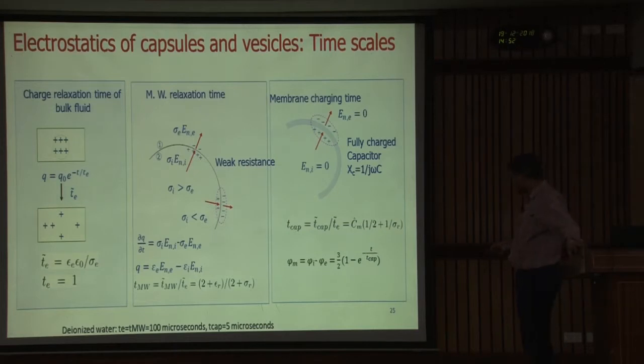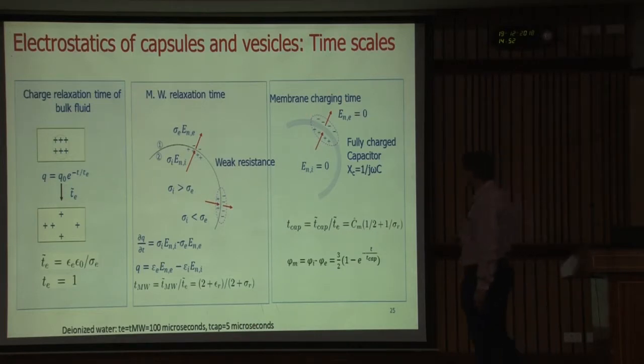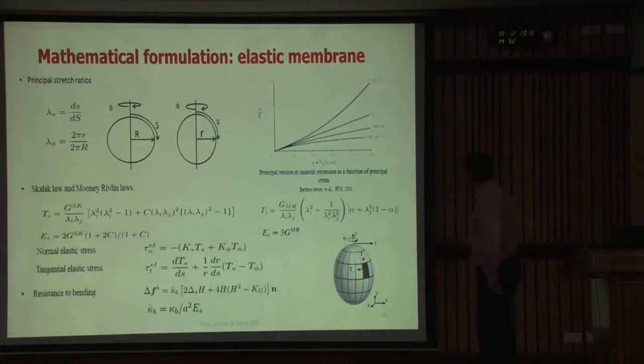So for deionized water, if you have 100 microseconds as the Maxwell-Wagner relaxation time, you will have around 5 milliseconds of membrane charging time. And this gives us access to frequencies. For example, you can access the Maxwell-Wagner relaxation time in deionized water with tens of kilohertz of frequency. You can access the membrane charging time with around 500 hertz. And this then becomes very accessible to experiments.